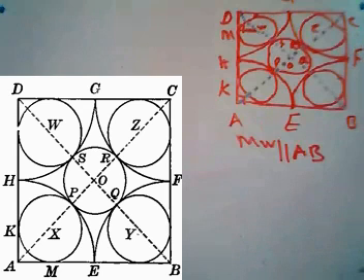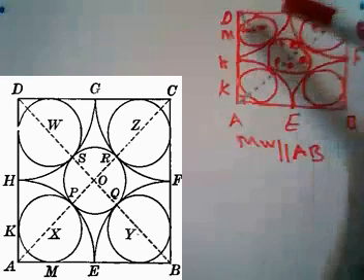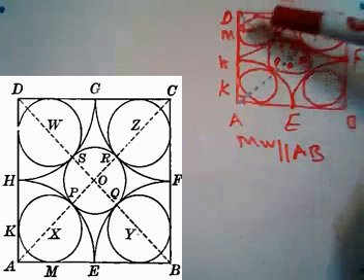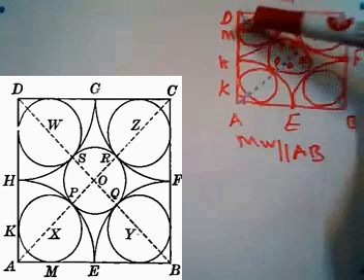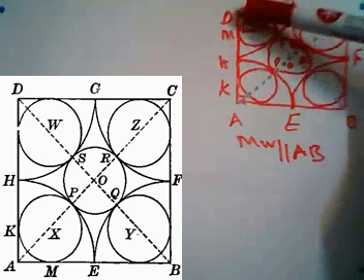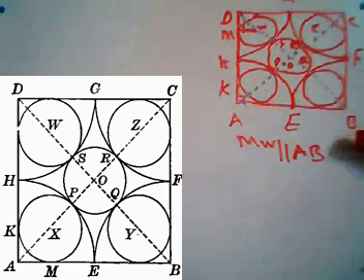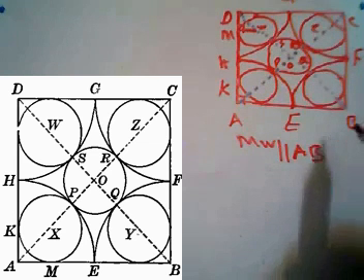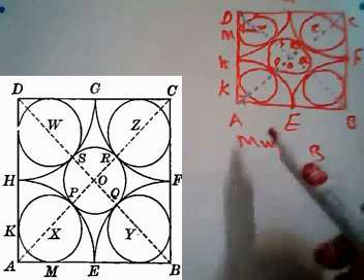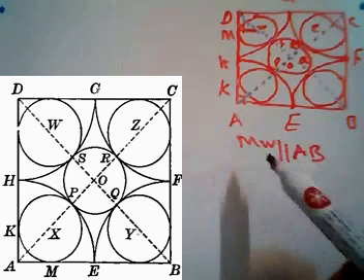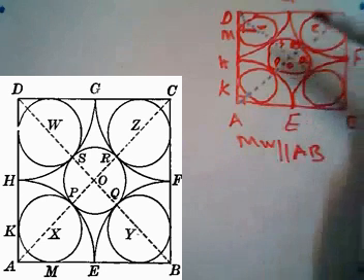Now, here we got two triangles. The first one is the little one, MWD, and the second one is DAB, which are similar because they have three equal angles.